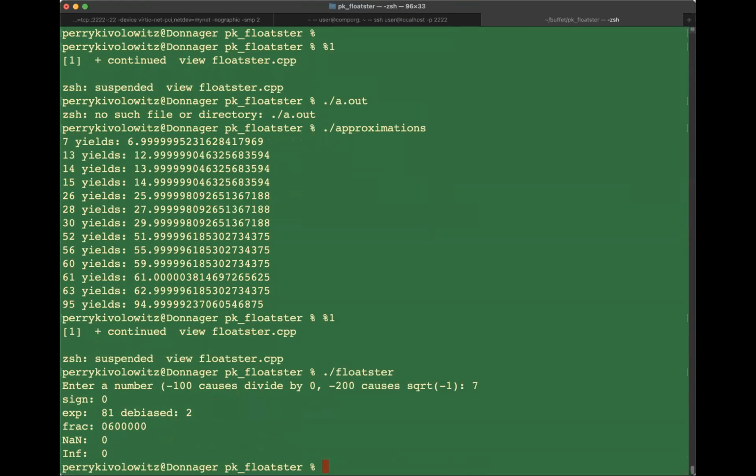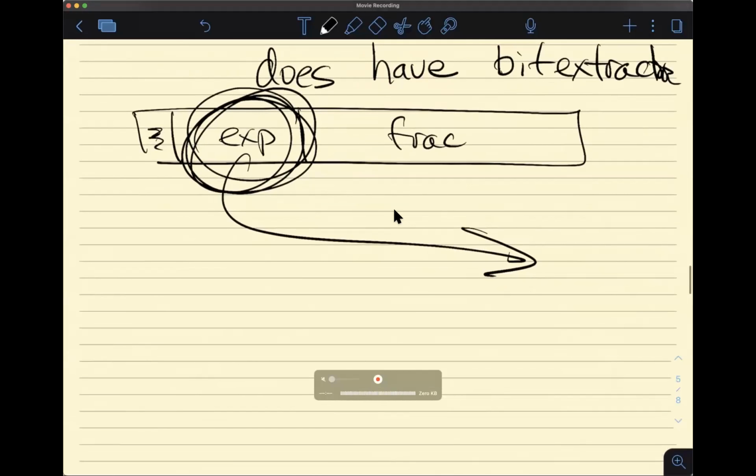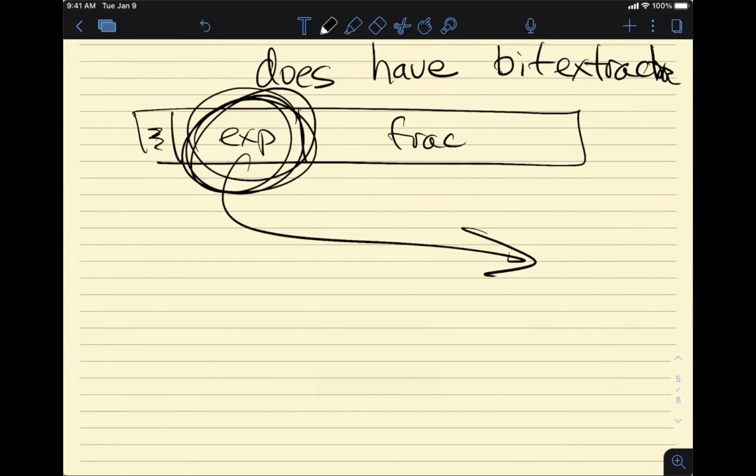This is the binary value for 7, which would be, let's see, 1, 2, 3, 4, 5, and then a 6. So that is, check it out. I'm not on the right screen. So what was the exponent?